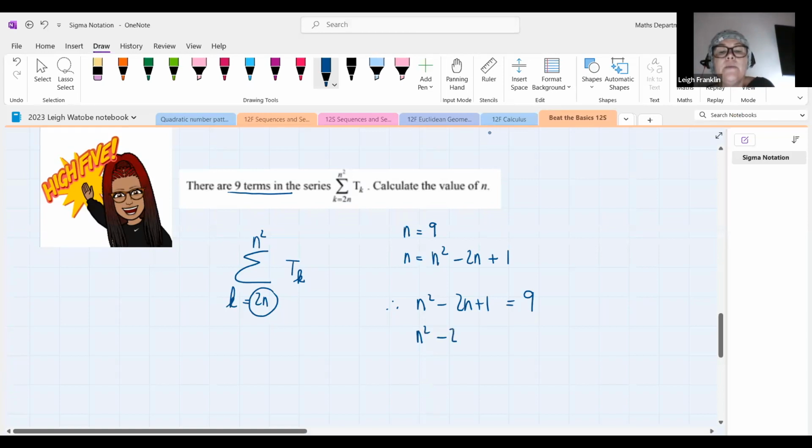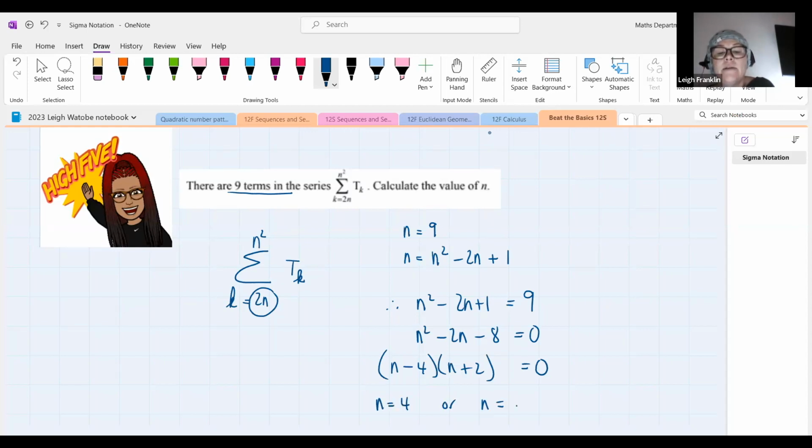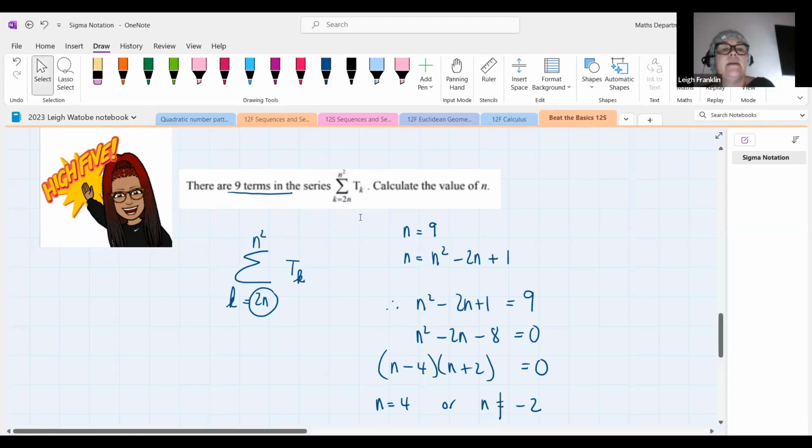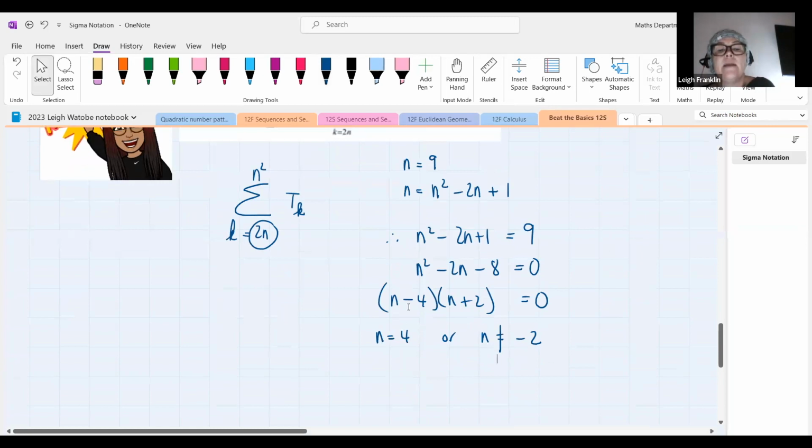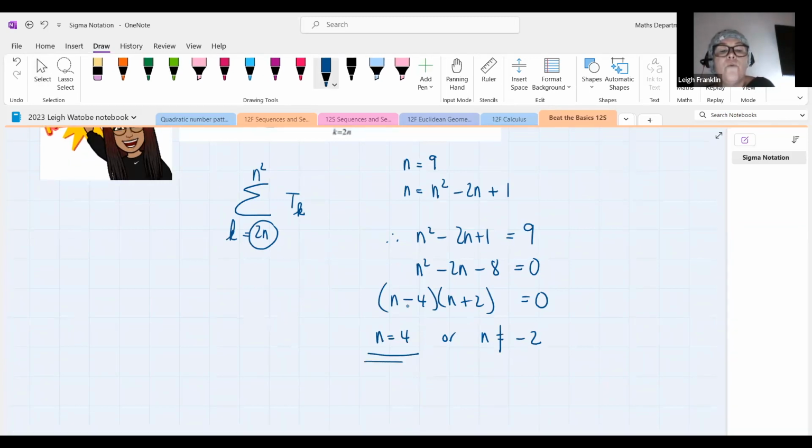So n squared minus 2n minus 8, factorizing, we'd get that. So either n is equal to 4 or n is equal to -2. Remember, n cannot be negative. So n has to be equal to 4.